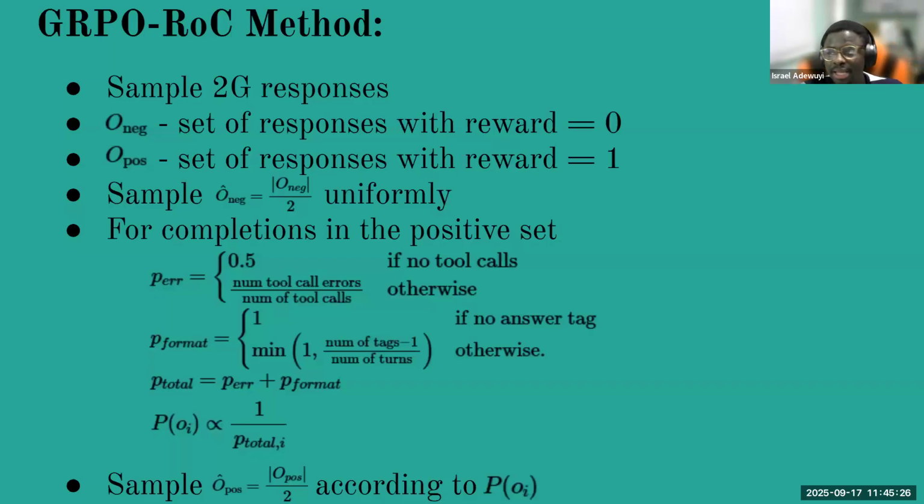I mean, they didn't give any empirical reason for why they use 0.5 or even 1 here. The only thing that was mentioned was that if P total is large, then you can expect that either the model has a bunch of tool-call errors, or there are a lot of answer tags in the trajectory.